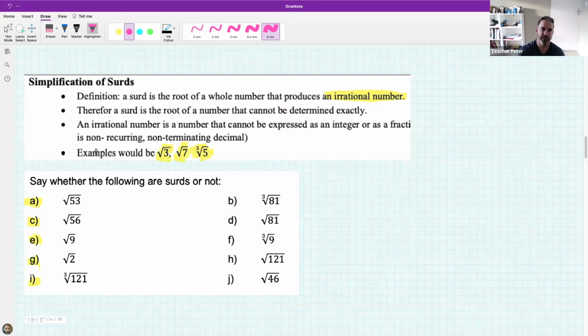Okay, so square root 53 is absolutely a surd. Yes, because square root 49 is 7, and square root 64 is 8, so that's a surd. What about C? Is C a surd? Yep, it is. What about E?